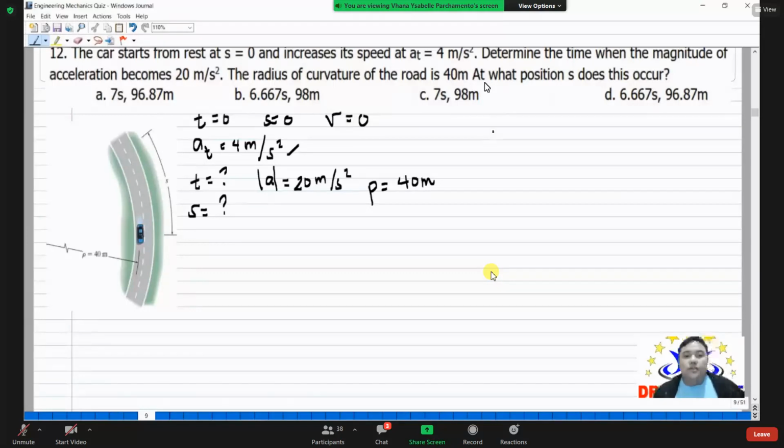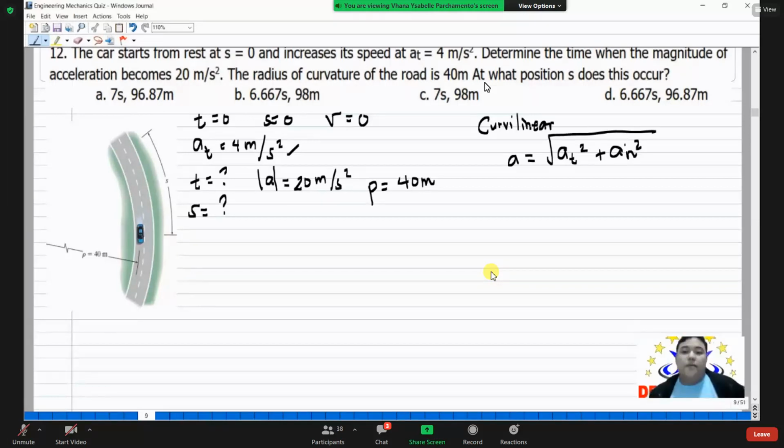So ano ba yung mga components ng acceleration when it comes to curvilinear motion? We have acceleration is equal to the square root of AT squared plus the normal acceleration squared. Okay. Tangential acceleration, it is the acceleration due to the object's movement or yung motion niya.